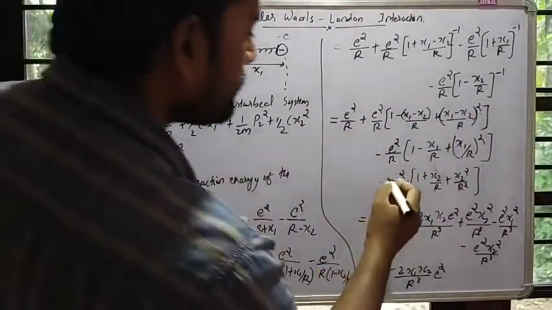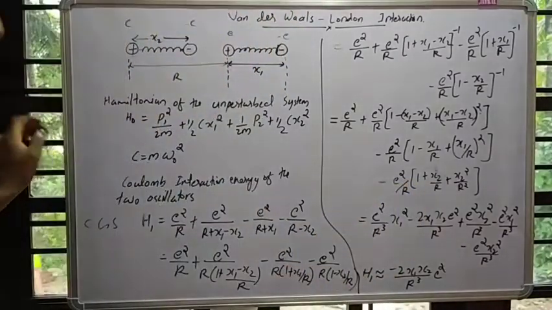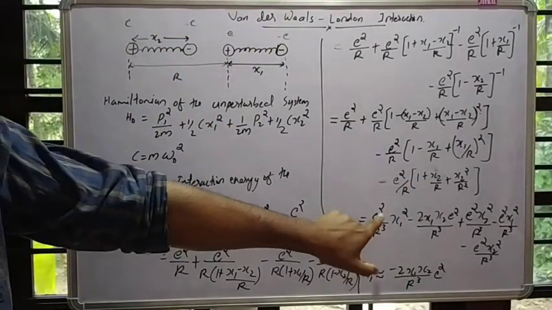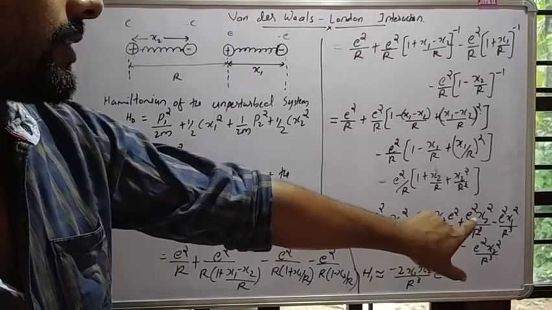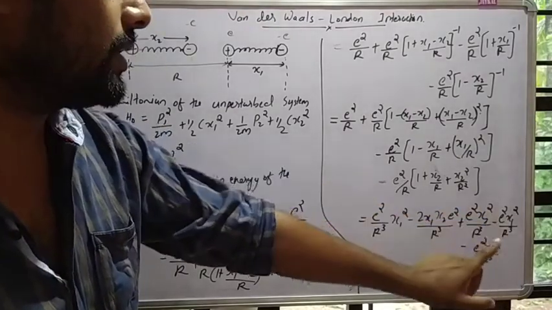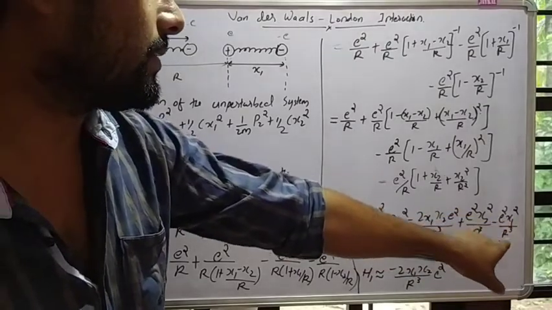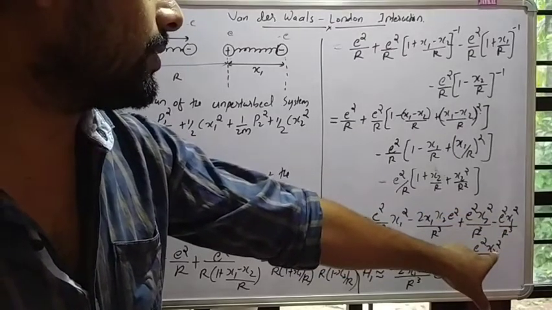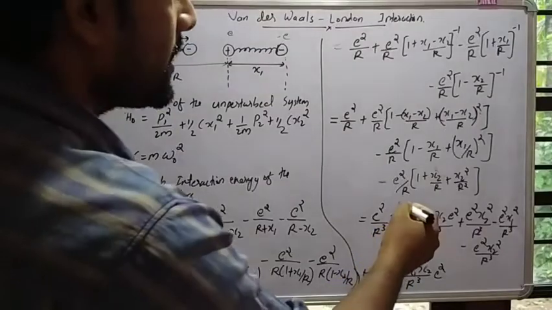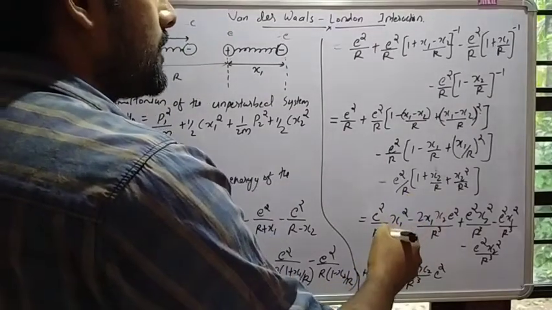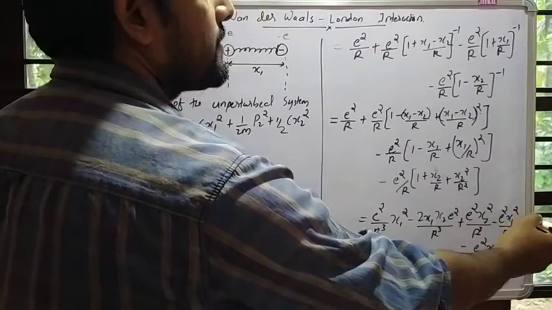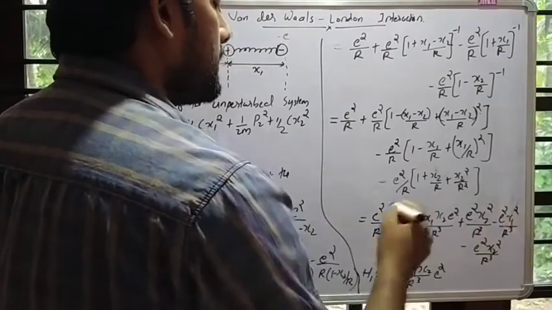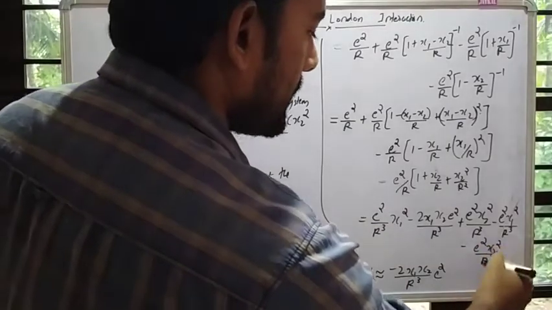That is equal to E square over R cube x1 minus 2 x1 x2 E square over R cube plus E square x2 over R cube minus E square x1 over R cube minus E square x2 over R cube, and E square x1 square over R cube, and E square x1 square over R cube, and these terms will get cancelled.